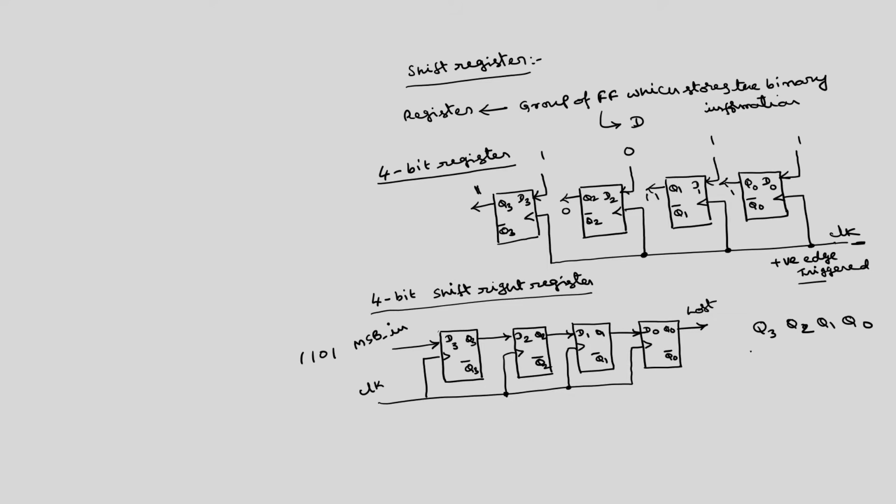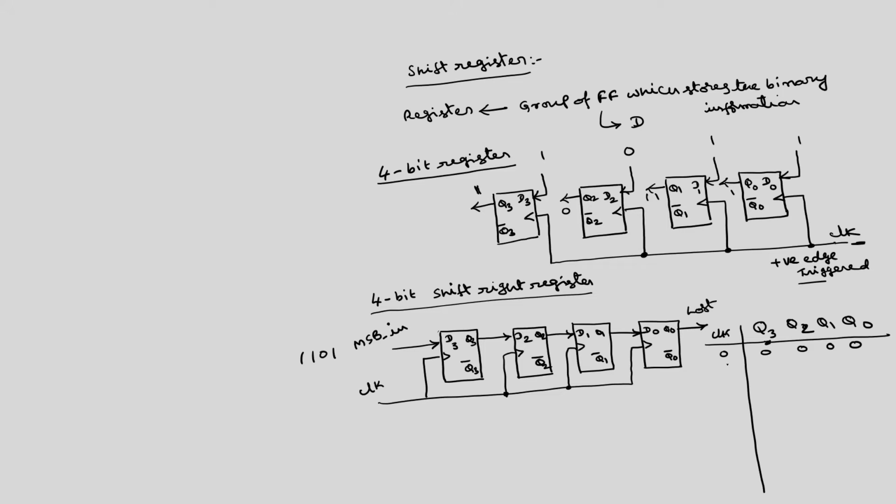Initially, when clock is equal to 0, let us assume the initial state is 0 0 0 0. How to establish this initial state? Using preset and clear inputs.